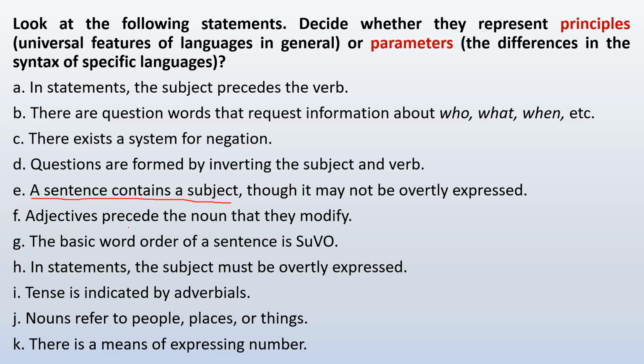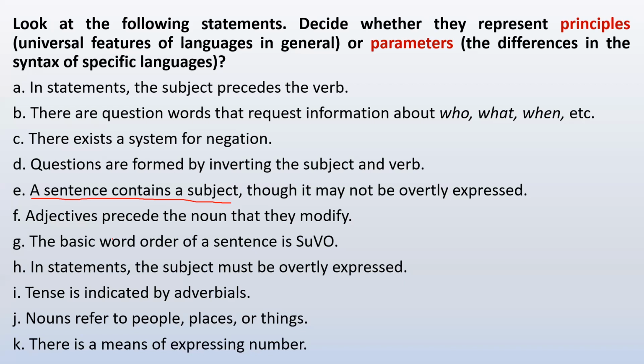Right. Adjectives precede the noun that they modify. Precede means occur before, right? So, in English itself, adjectives precede the noun that they modify, as well as adjectives follow the noun also, right? So, is it a principle or a parameter? Principle.